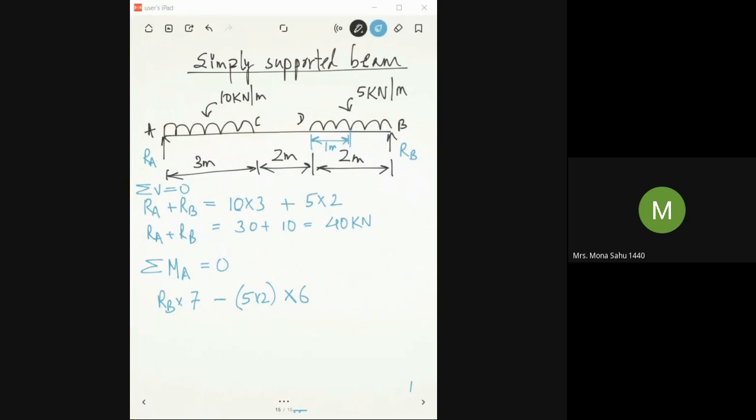And then again another UDL is there. So 10 multiplied by 3 multiplied by 1.5. Okay, equal to 0. So you will get RB is equal to, do the calculations, everybody. Okay, equal to 15 kilonewton.